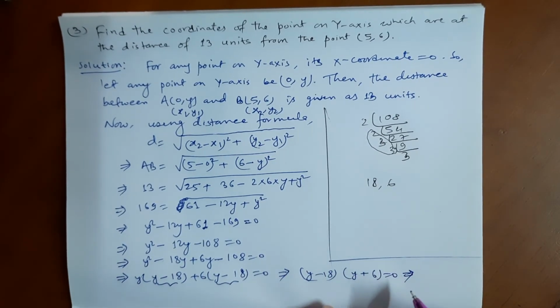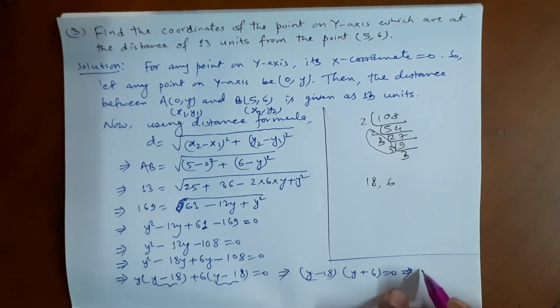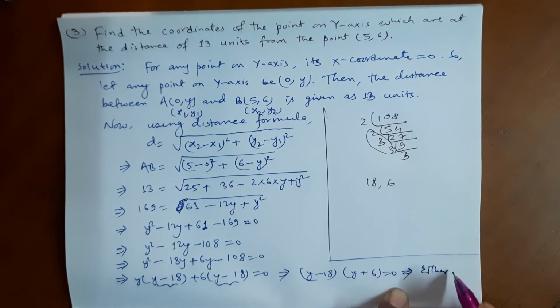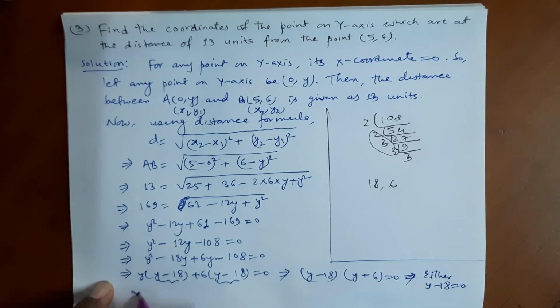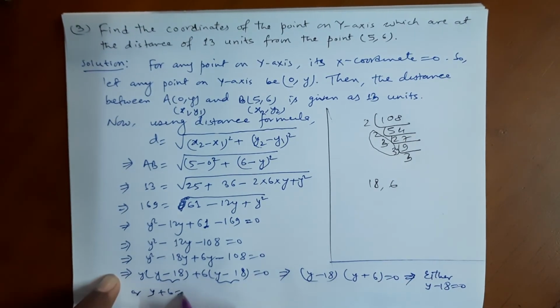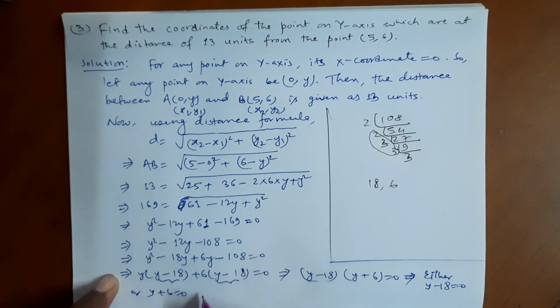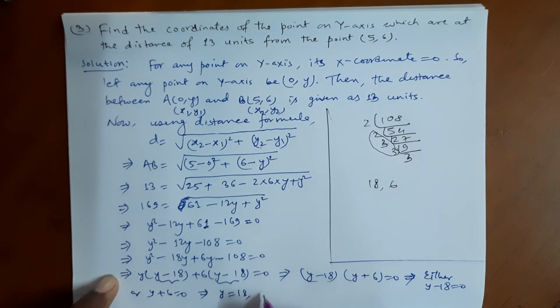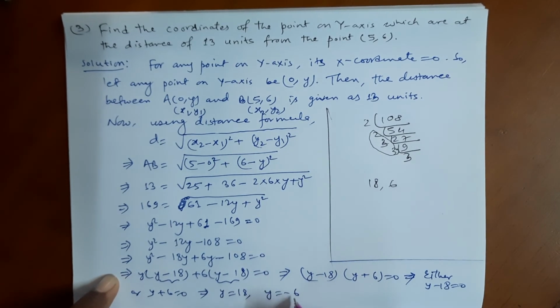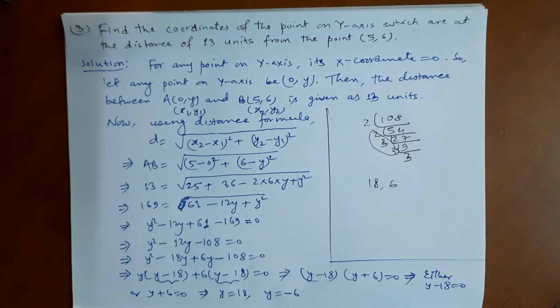This implies either y minus 18 equals 0 or y plus 6 equals 0. So y minus 18 equals 0 gives us y equals 18. y plus 6 equals 0 gives us y equals minus 6.